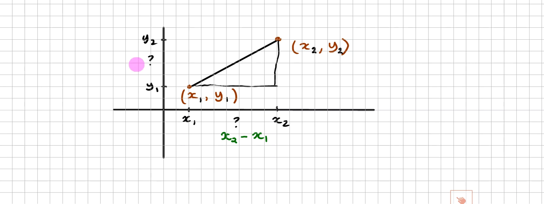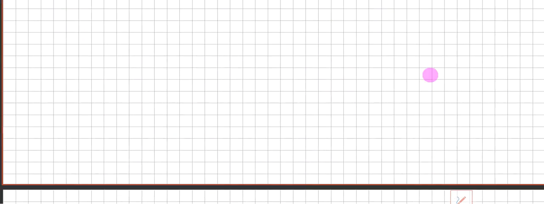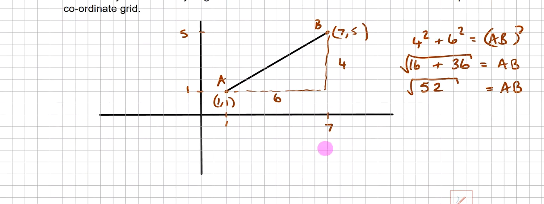Right, this one, y2 minus y1. Is anyone looking at that and going, I have no idea why? Look, if we go back to here, what's the difference between 7 and 1? Well, you just look at it and say 6.